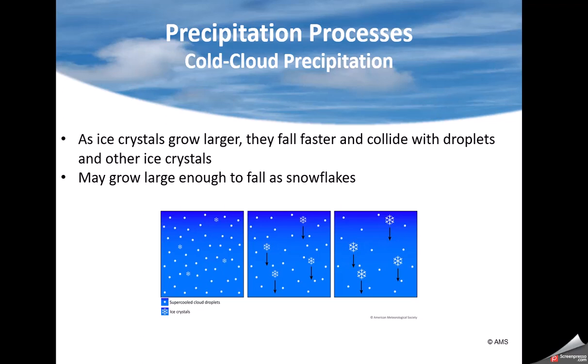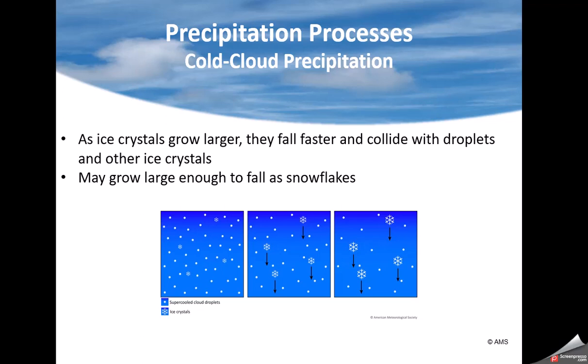When the first droplet switches from a droplet to an ice particle, a little crystal, remember we learned in the last chapter that saturation vapor pressure is greater over a water droplet than over an ice crystal. Not by a lot, but it is greater. So what happens is all the water vapor is flowing away from the water droplets and towards these ice crystals. So the ice crystals grow, and the water droplets go away.